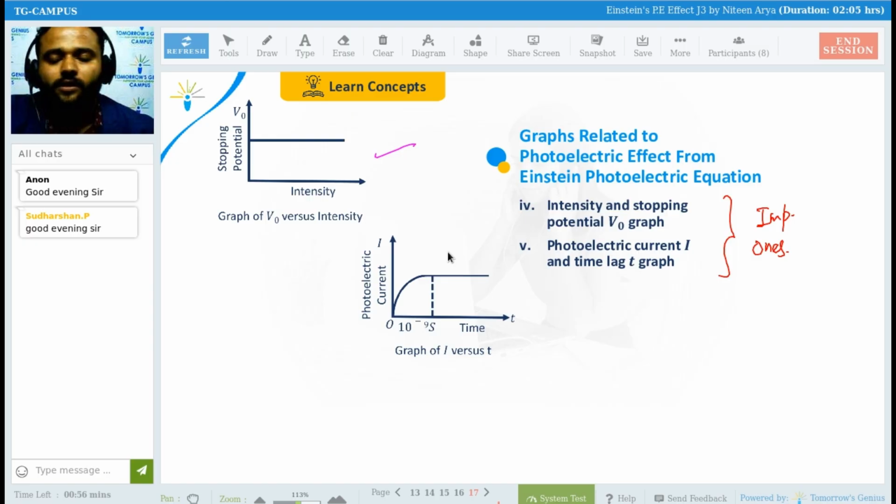So there are two ways questions on graphs can come: what is the correct graph or curve for a particular phenomenon, or to which phenomenon a given graph is related. You need to know this in general. Got it now?